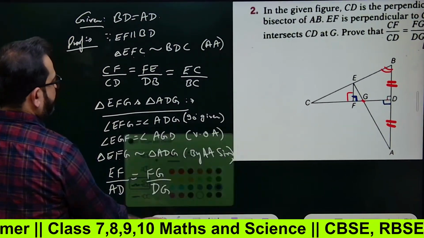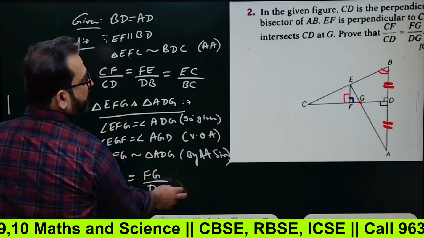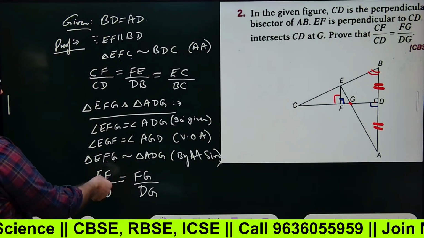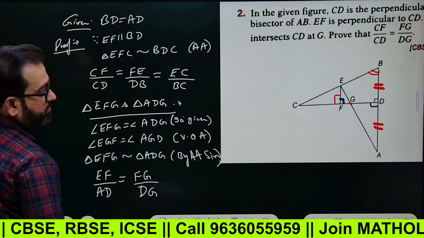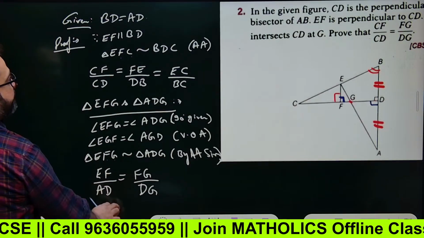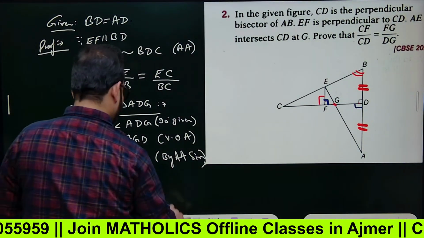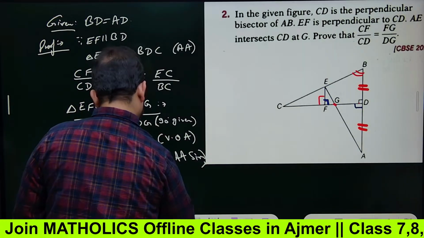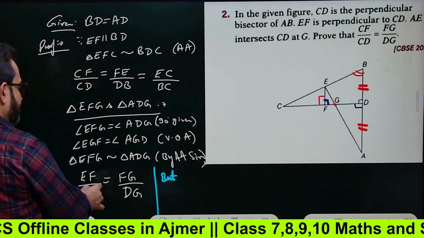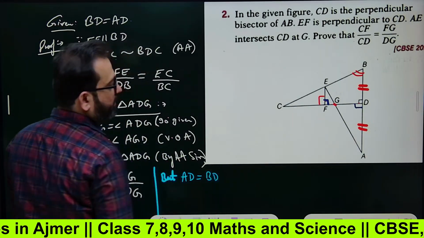Now just focus onto the relation which we have to prove. What we have to prove? That CF upon CD is equals to FG upon DG. Here FG upon DG equals to EF upon AD. But AD equals to BD, it is given, this is midpoint.